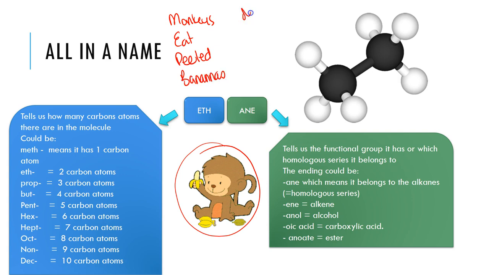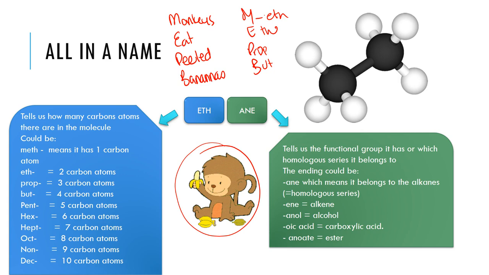Okay, so MEPB, so we get meth, eth, prop, and bute. So monkeys eat peeled bananas give us the first 4, and then it's pent, hex, hept, oct, non, and dec. So the first part of the name tells us how many carbons it is.